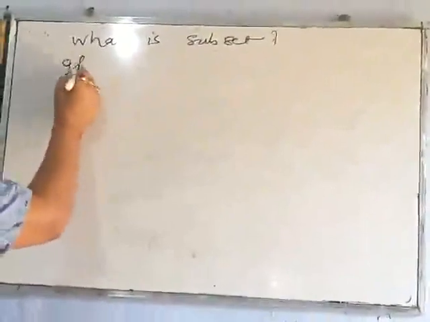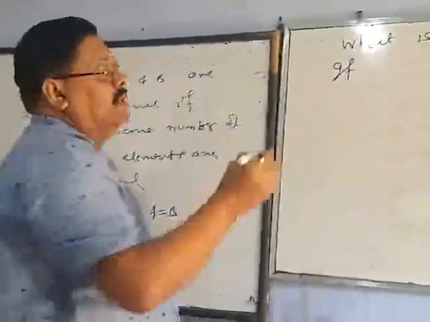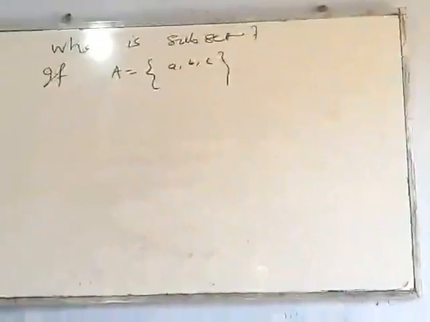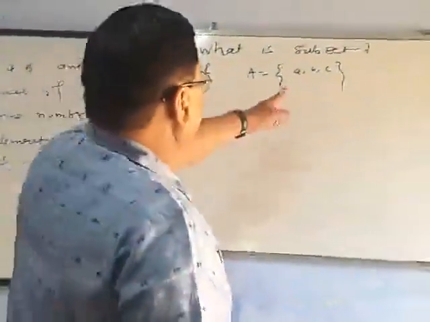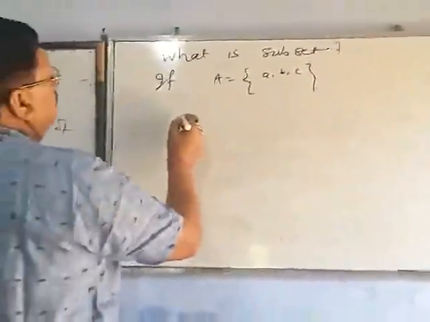If, by example, we can understand what is a subset. If A is a set having elements a, b, c, then by taking elements of A we make other sets.